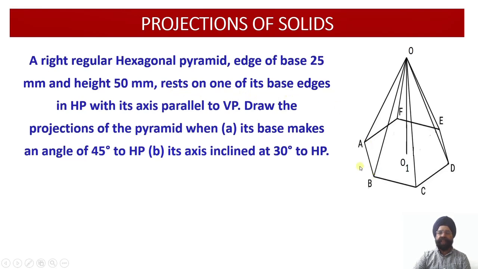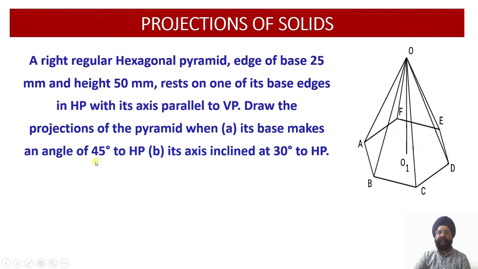Just see, it is resting on one of the base edges on the horizontal plane with the axis parallel to the vertical plane. So the axis is parallel to the vertical plane, and we are required to draw the projections of this hexagonal pyramid when, first of all, its base is making an angle of 45 degree with respect to the VP.